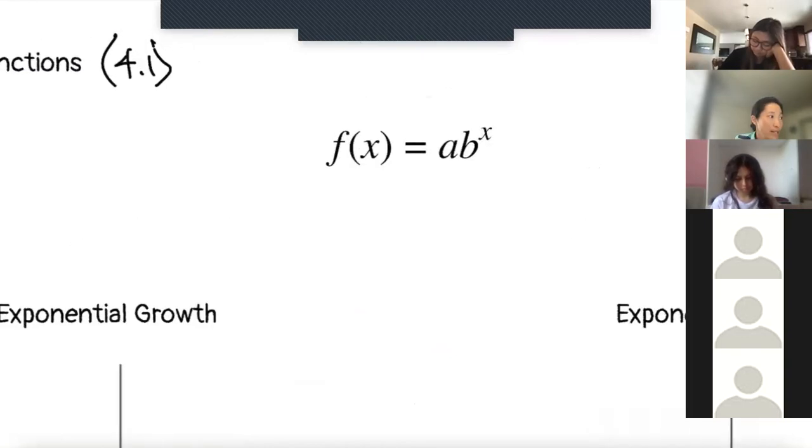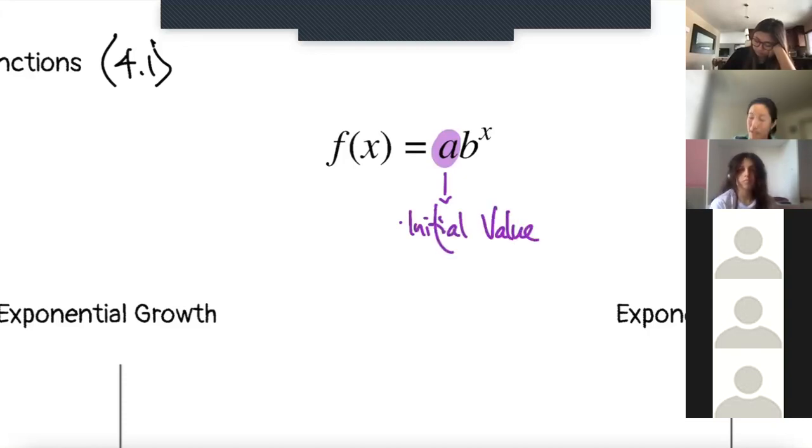Okay, and so we're going to take a look at this equation right here, f of x equals ab to the x, and let's just think about what each piece here is going to relate to in a word problem. Okay? And so let's start with this letter A. Okay, so this letter A, what does this stand for? That, my friends, is going to stand for an initial value, okay?